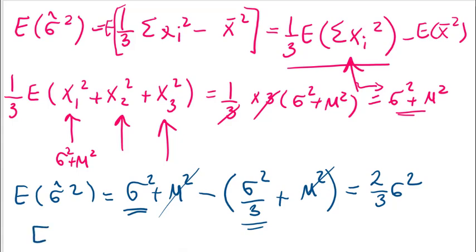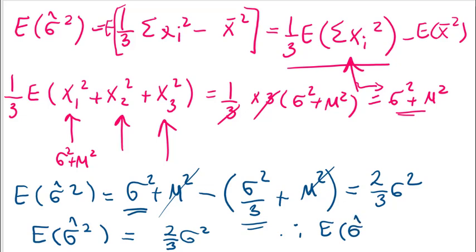So here we can see that expectation of sigma hat squared is equal to 2/3 sigma squared. Therefore, expectation of sigma hat squared is not equal to sigma squared. So we say that the estimator for sigma squared is not an unbiased estimator, it's a biased estimator.